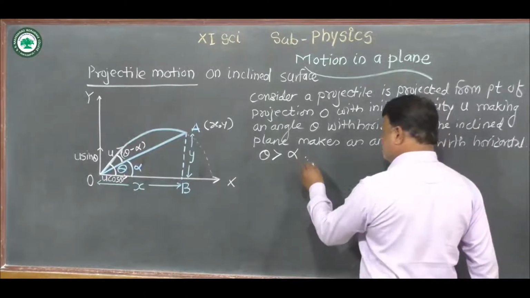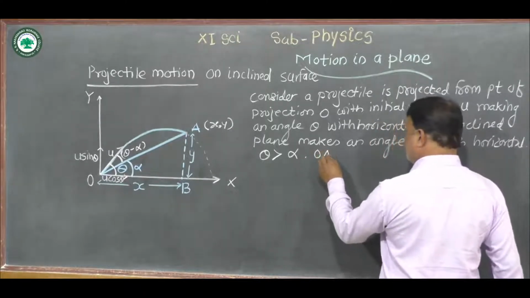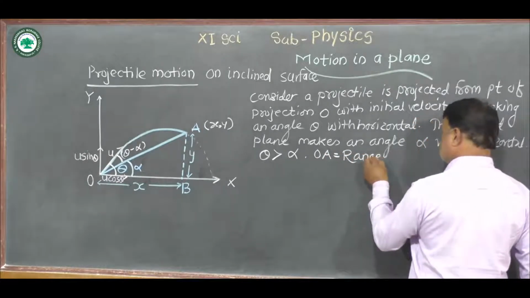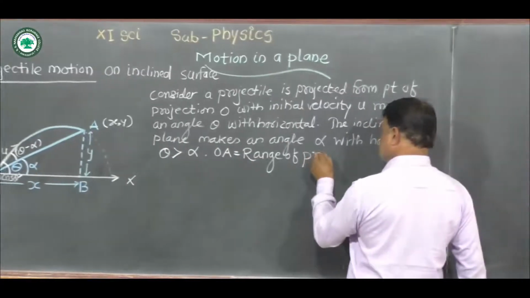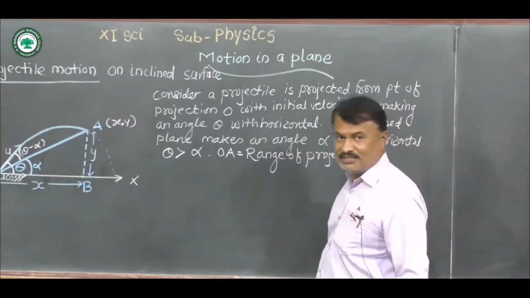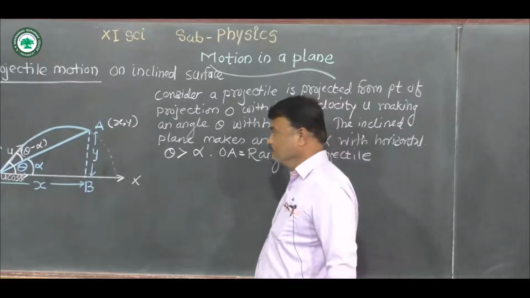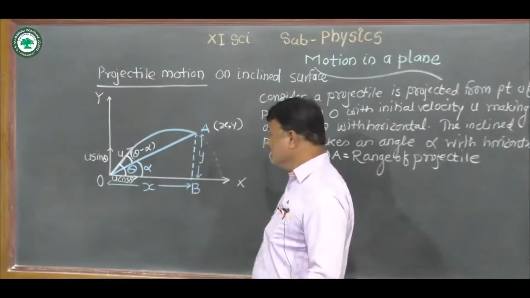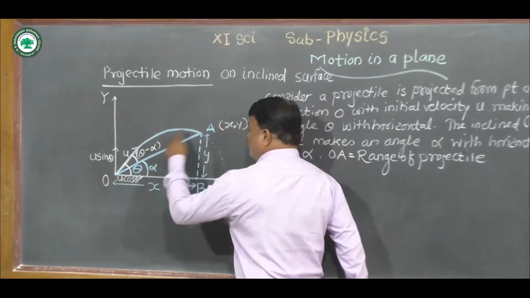Now in this case, the distance OA is equal to range of projectile, and we have to find out this range of the projectile. Now from this diagram, consider this right angle triangle OAB.